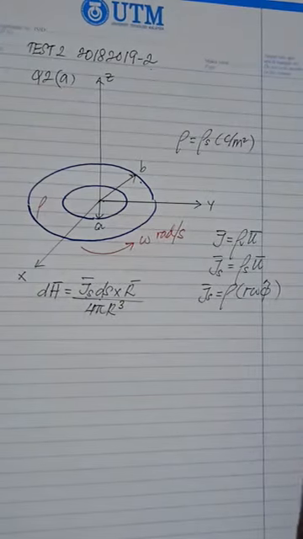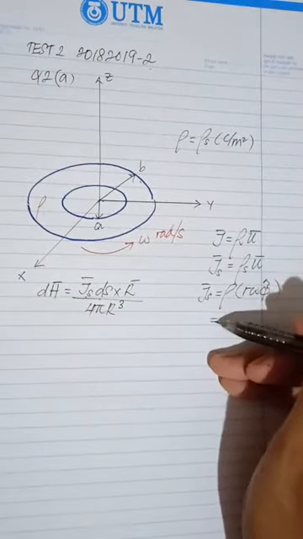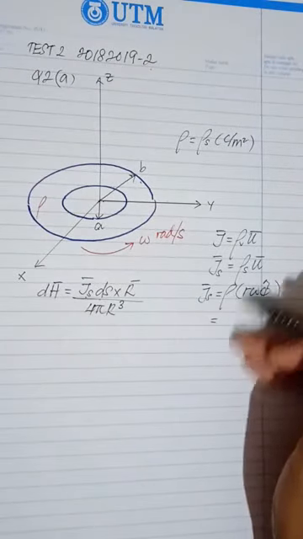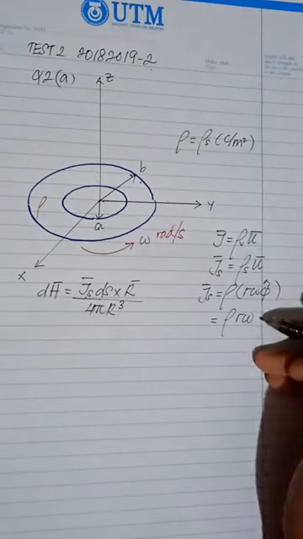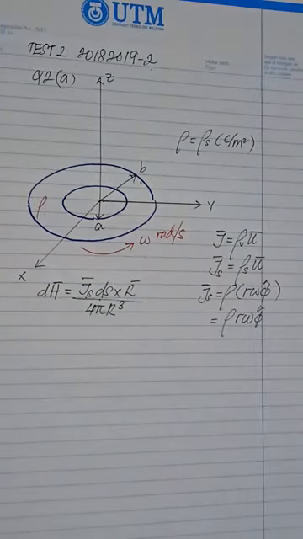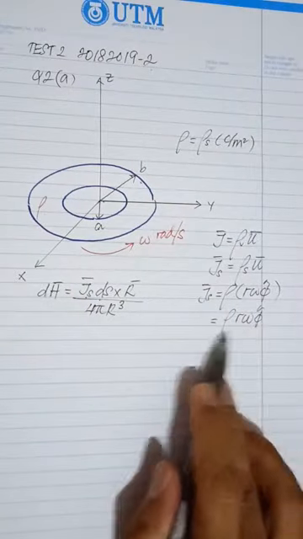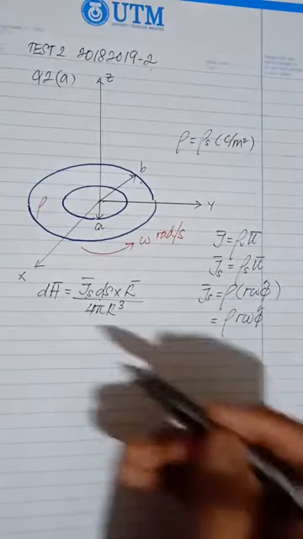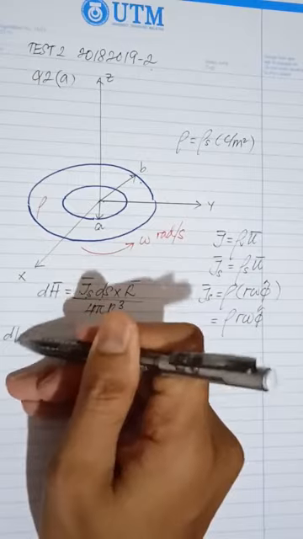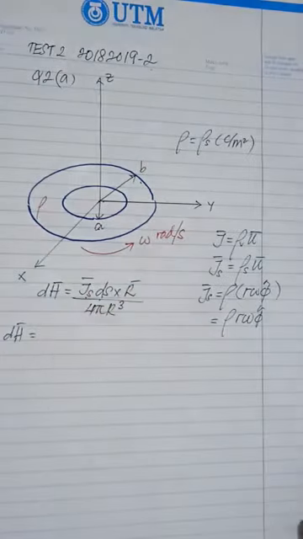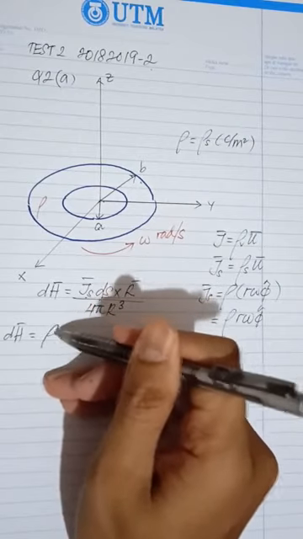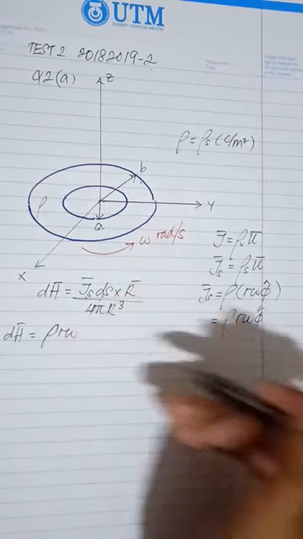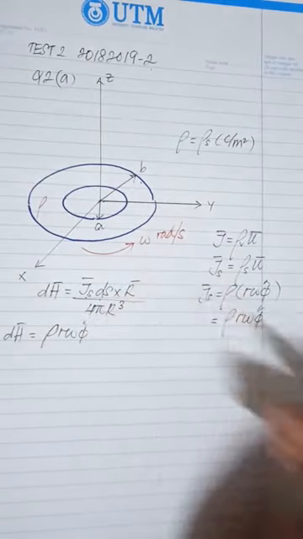So the final equation for this case becomes rho r omega phi. That's your Js. So let's put this value into this BSL equation. You can have here the dH, right? So the Js becomes rho r omega phi.